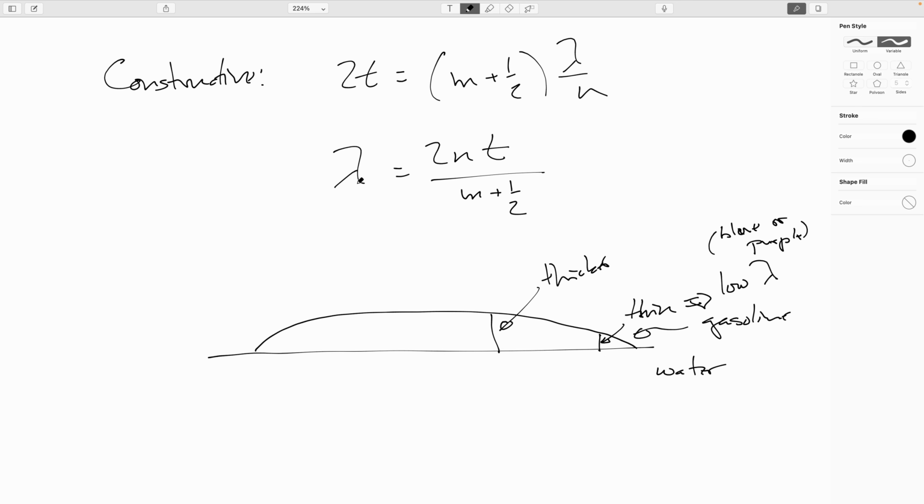Makes t bigger, means that in order to get constructive interference back, you'll have to have a longer wavelength. I should probably really say short here. So we'll have a longer wavelength, which this would be in the reds.